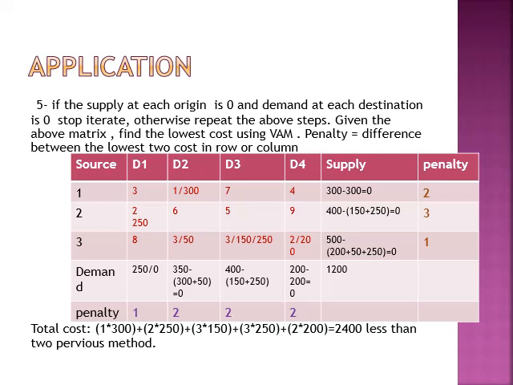D1 requires 250. Source number 2 has 400 units. Then source number 2 can give D1 250.